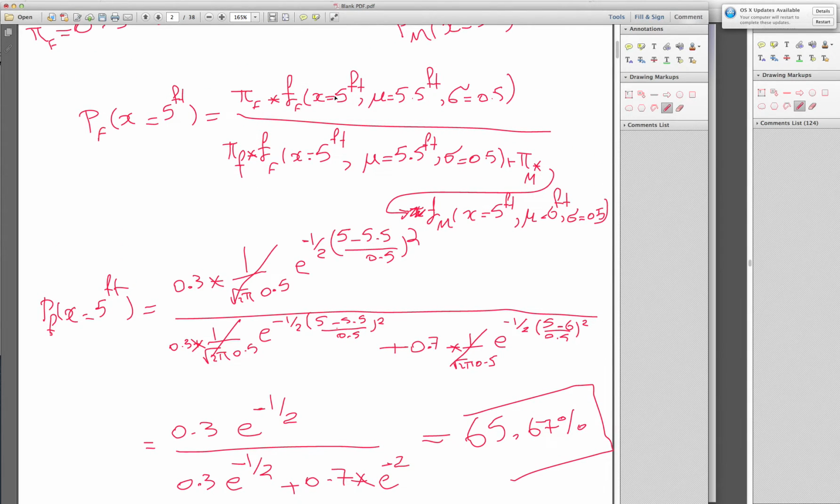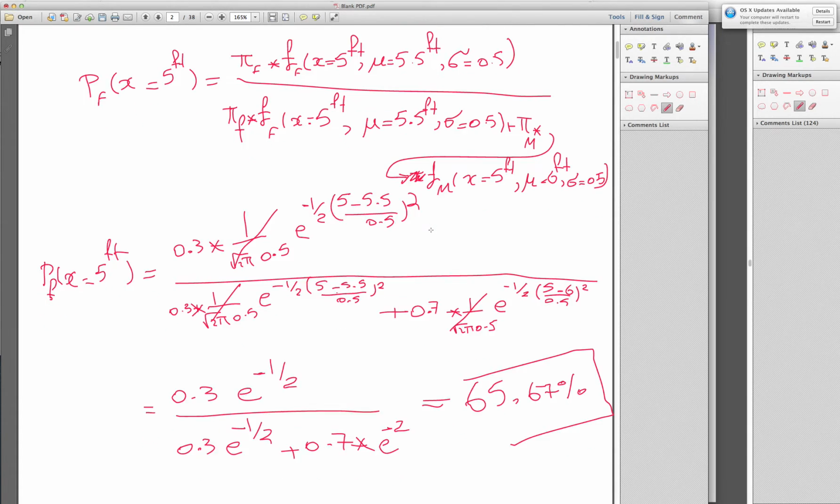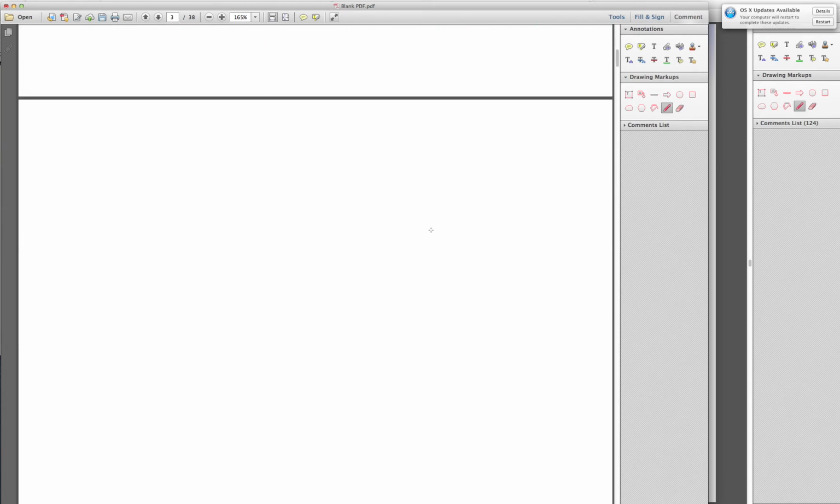So let's say instead of X equal to 5, we had X. In order for this equation to give you 50%, this one should be exactly identical for males. So if pi f times f f is equal to pi m times f m, then there is a 50% chance that it is female or male.